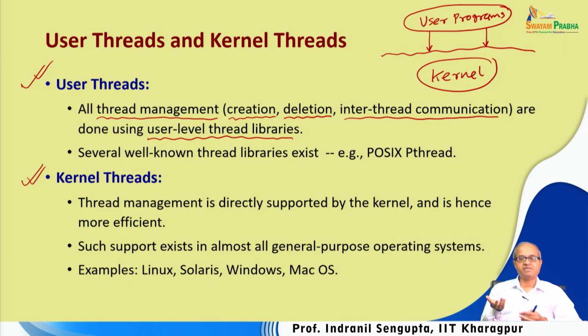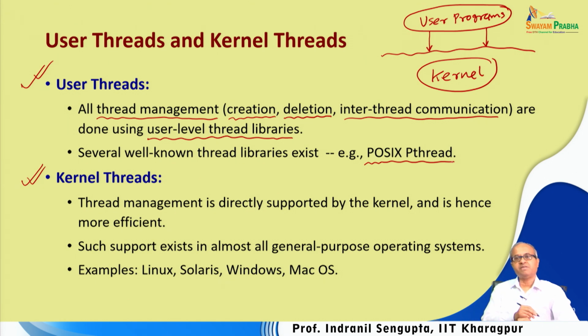This is user level thread because as part of a single process you are doing all these things. You are calling the library to create as many threads as you want, and each thread will be doing whatever you want. There are many user level thread libraries that exist. One of the most commonly used, where we shall be giving an example also, is POSIX pthread, right.